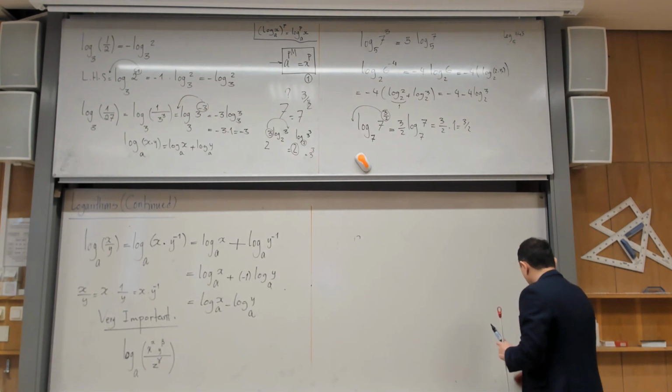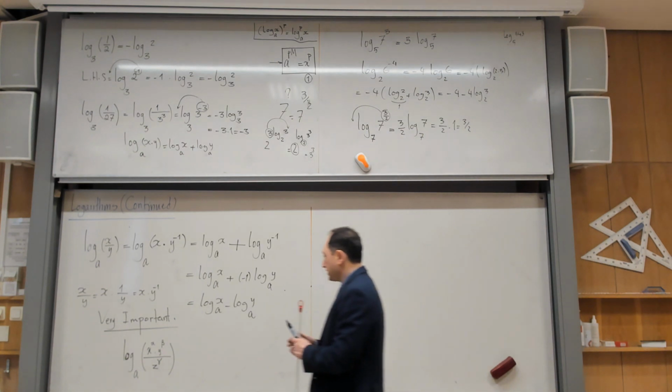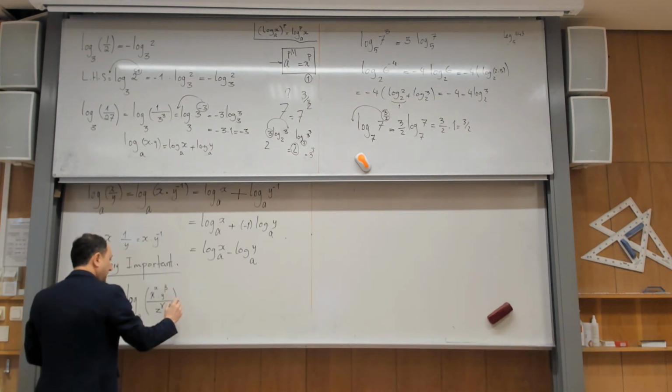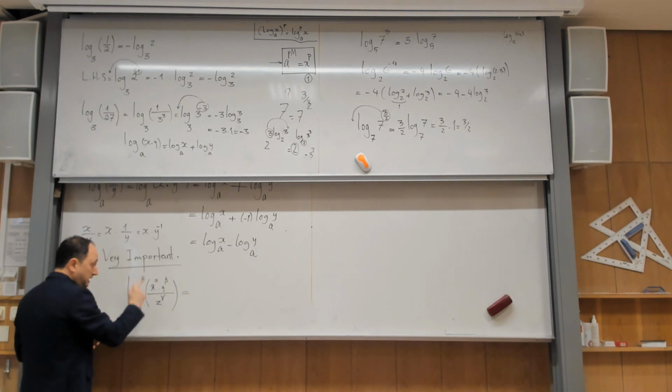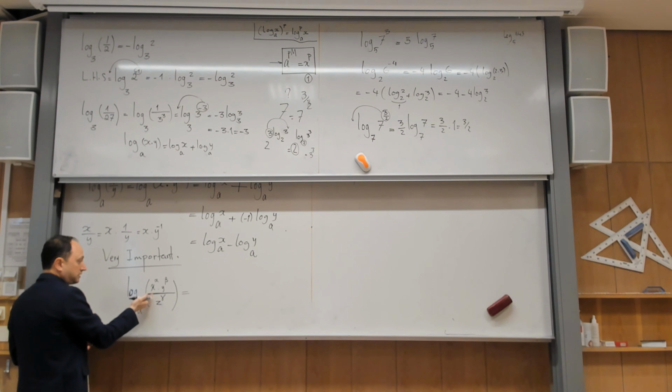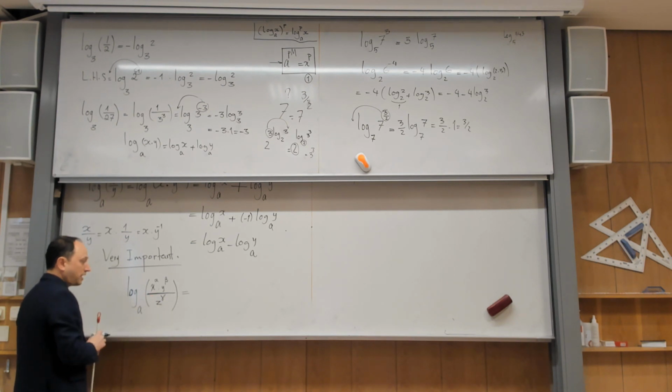Okay, I do it step by step. First, what I see is a fraction. If I ask you to read this expression, you say that this is the division of this and that. So it's a fraction, and I have to use the fraction rule.